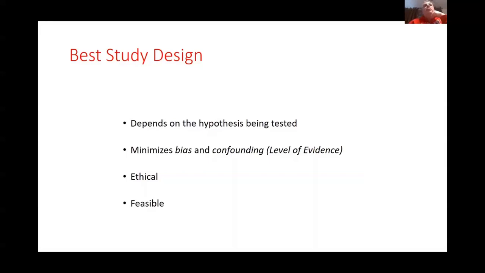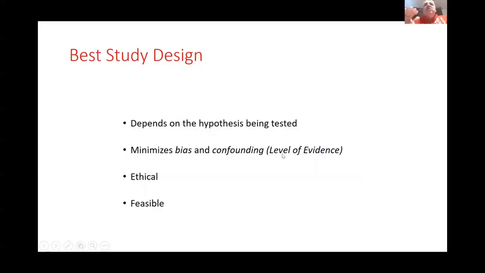If I'm studying the effect of smoking, or the effect of fluoride toothpaste on dental cavities, the best study design is a prospective cohort study. So the hypothesis or research question is essential in deciding what study design to select.